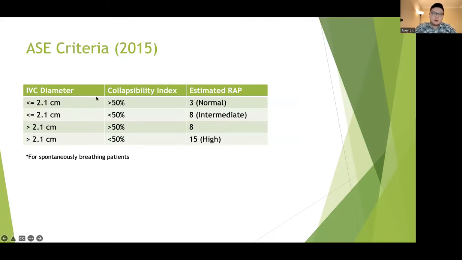If it's small and definitely collapsible more than 50%, that would be your normal right atrial pressure. And the gray zone is this area where your measurements are intermediate, your collapsibility is intermediate, and the right atrial pressure will be normal to intermittently elevated, where a lot more clinical context will be required to interpret what your measurements actually mean. And just a caveat here is that this still applies only to spontaneously breathing patients.